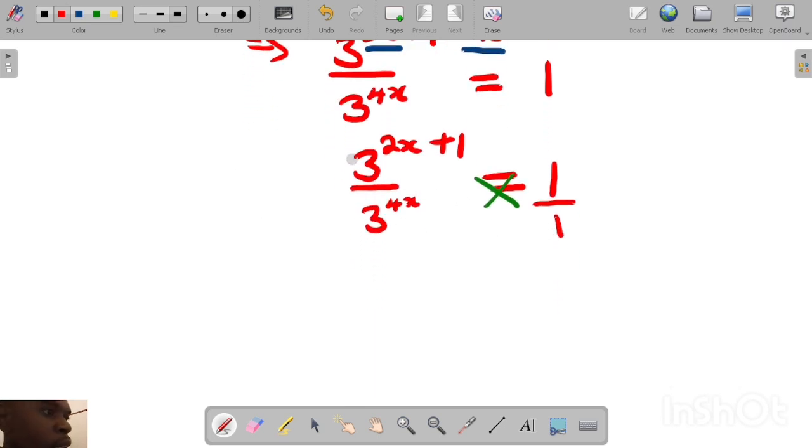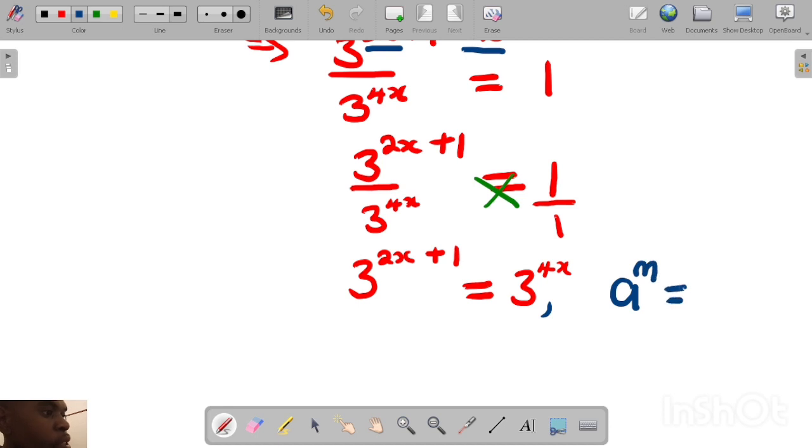Then we have 1 times this, which gives 3 raised to the power 2x plus 1, and this times 1 gives 3 to the power 4x. Again, by the laws of indices, if the base a raised to the power m is equal to the same base a raised to a different power n, then m is equal to n.